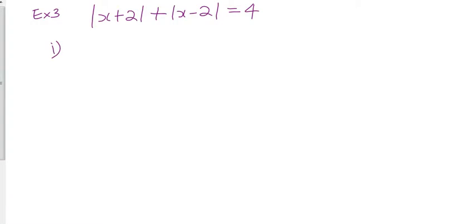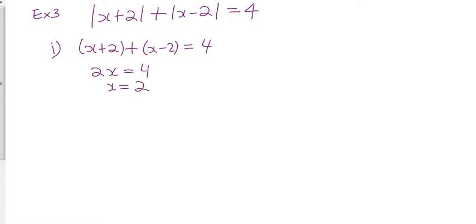But we have how many possibilities? 4, right? And I'm going to start off with both positive. So it gives me what? 2x equals 4 and x equals 2. And then I'm going to do one positive and one negative.